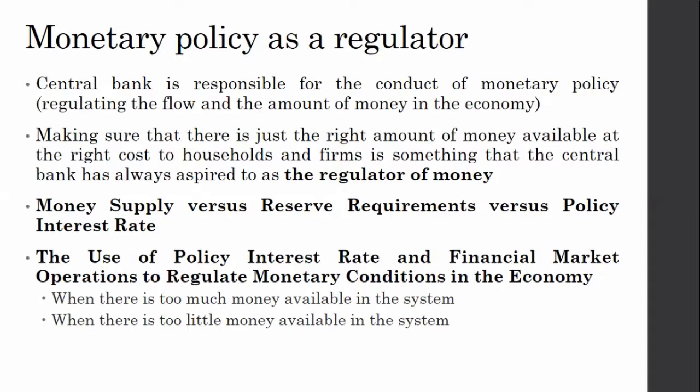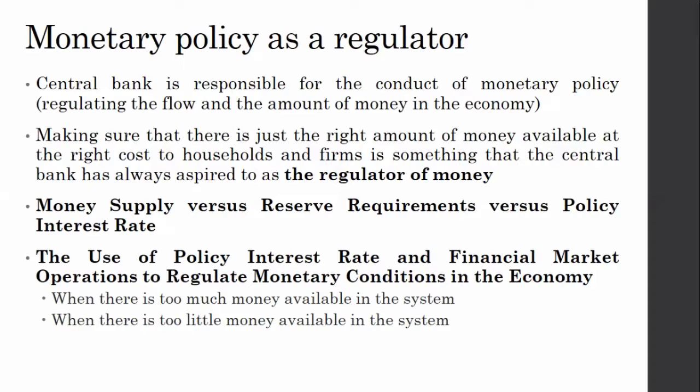So how can the central bank signal? Using the policy interest rate. Suppose the central bank decides to increase the policy interest rate; that signals the general public. An increase in the policy interest rate always signals that they have to tone down the acceleration of economic activities.